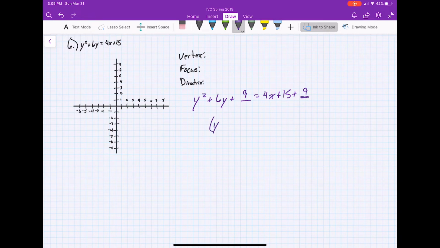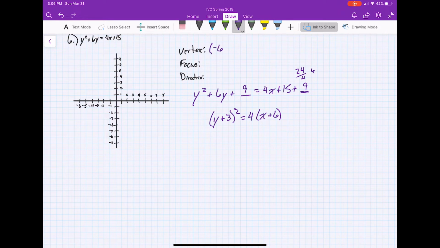This is going to be (y + 3) squared equals 4 times the quantity x, and that's 24, divided by 4, 6. So this is going to be 6.